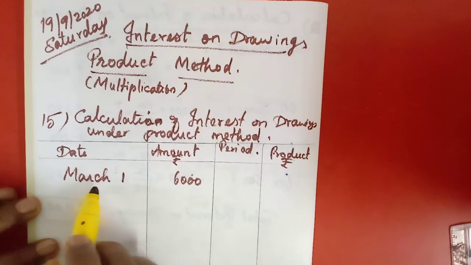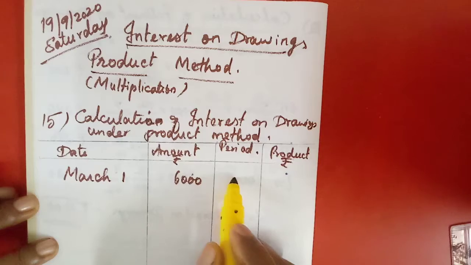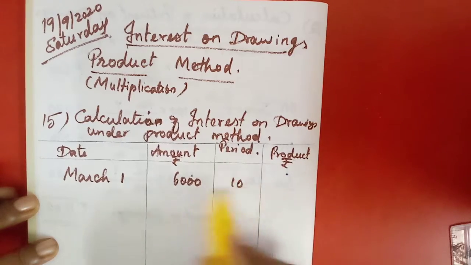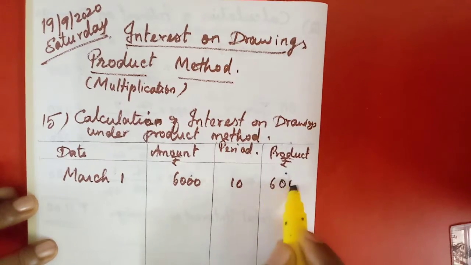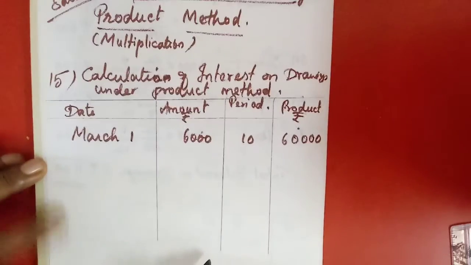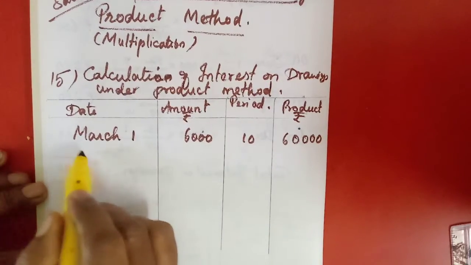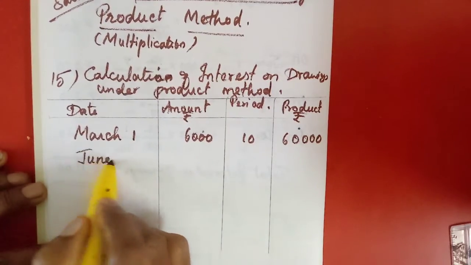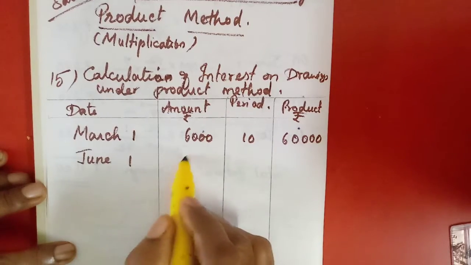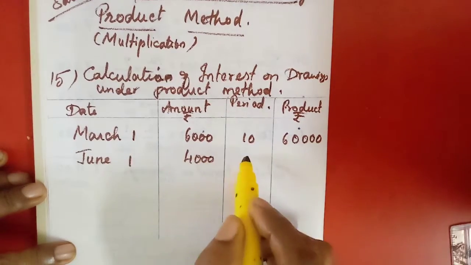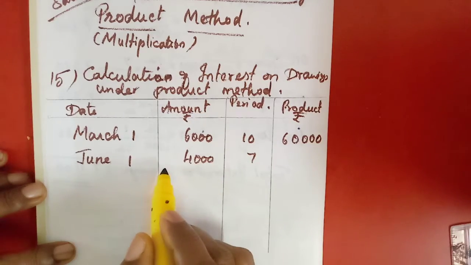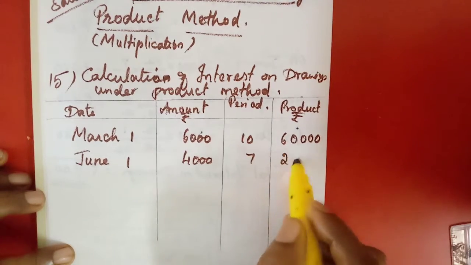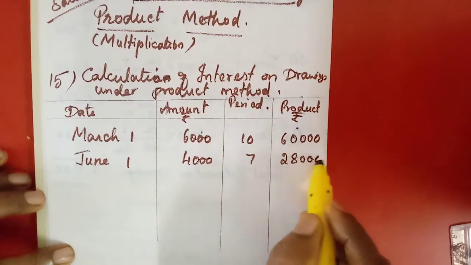The period we need to calculate. From March to December there will be 10 months. Then what is the product? 10 into 6, 60,000. Then June 1, he has withdrawn 4,000. The total number of months from June onwards is 7, so 7 into 4 is 28,000.